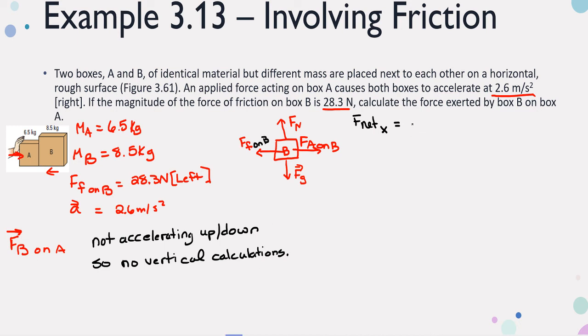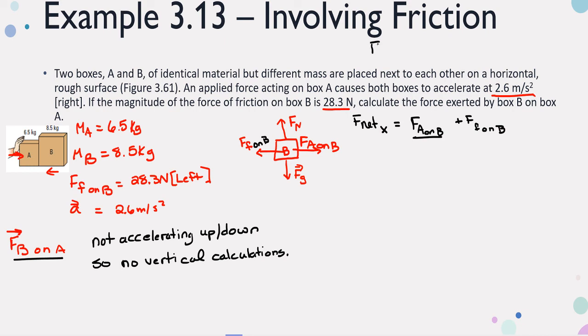So then we have our F A on B plus your F F on B. So we need to find our F A on B. We need to find this guy because that is the opposite force that is happening over here.